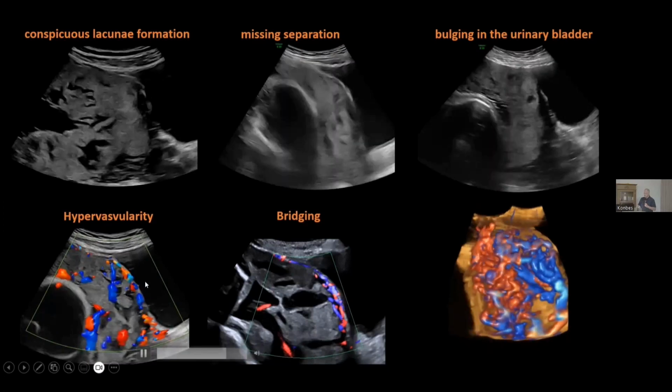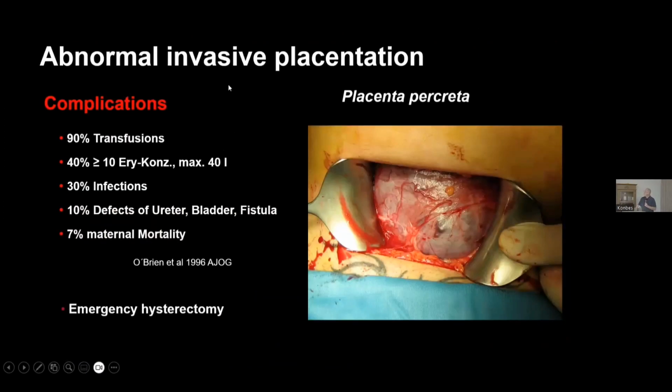This is the reason why we have to look very carefully, because we know that there's a high risk of the patient getting blood transfusions. She can get more infections. We have a higher risk for defects of the ureter and bladder, and also for emergency hysterectomies.